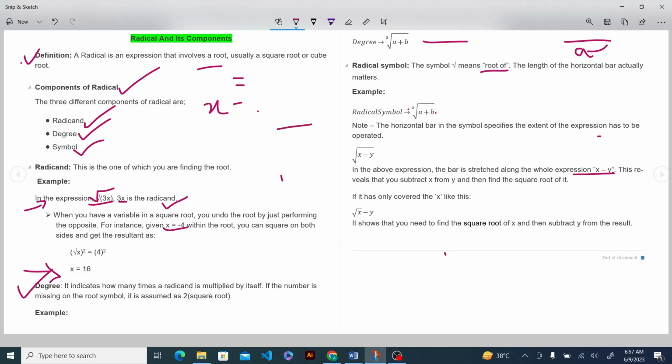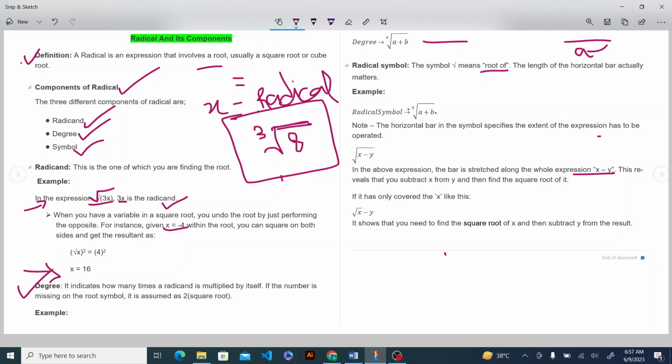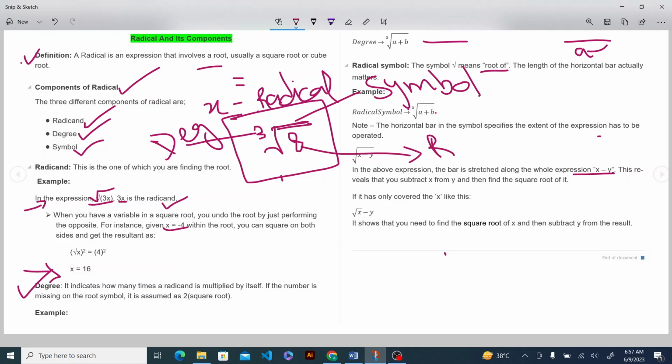See, this, cube root 8, is the radical. This is the symbol. This is the degree, and this 8 is the radicand.